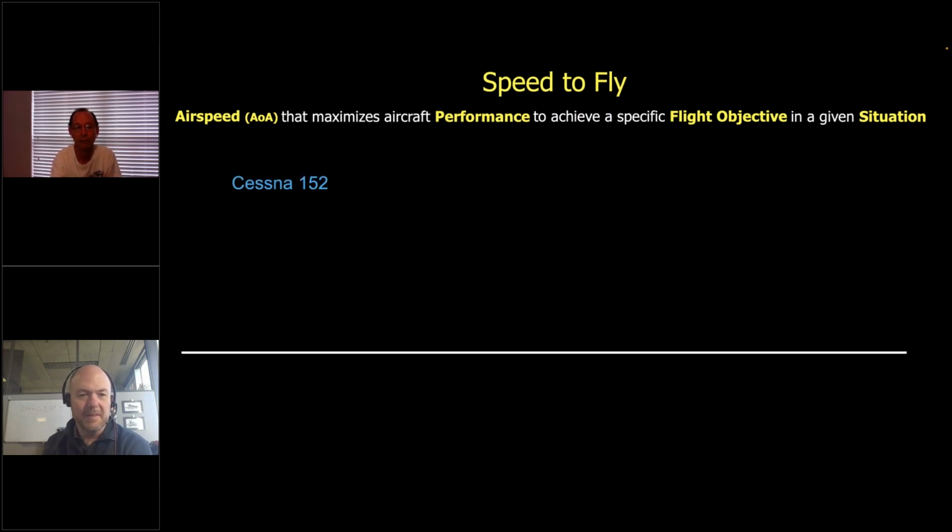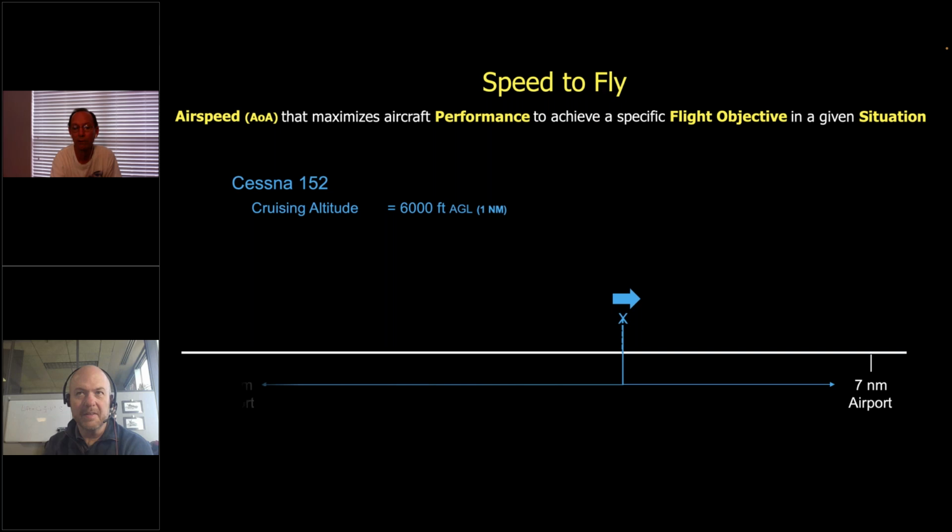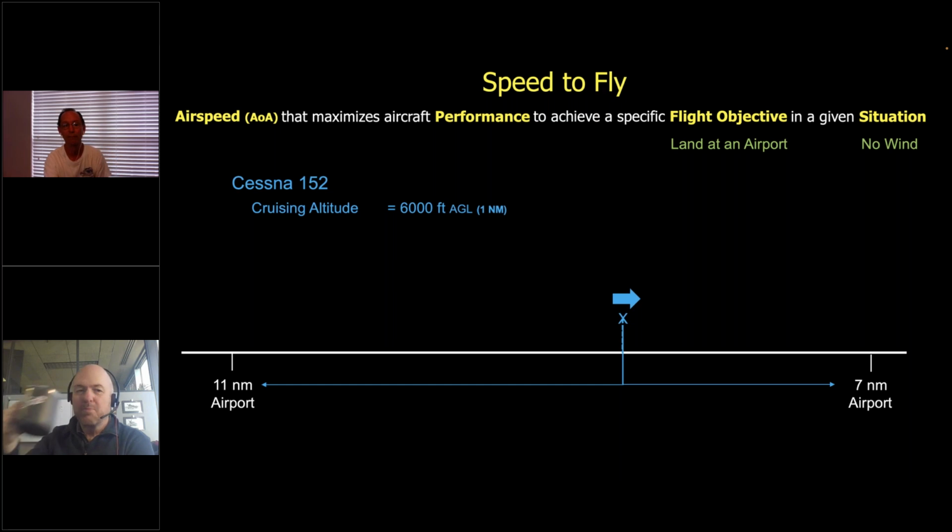Here you are in your Cessna 172 at the X, X being 6,000 feet above the ground, 1 nautical mile, headed in this direction. You have an airport in front of you at 7 miles. You've got one behind you at 11 miles. The engine packs it in. Your flight objective becomes land at an airport.